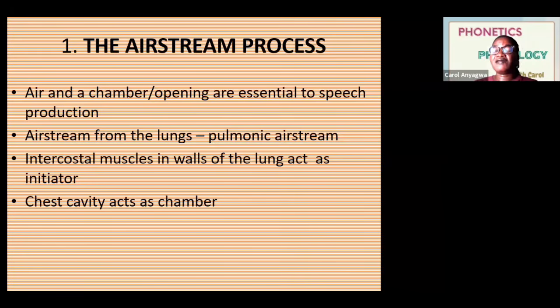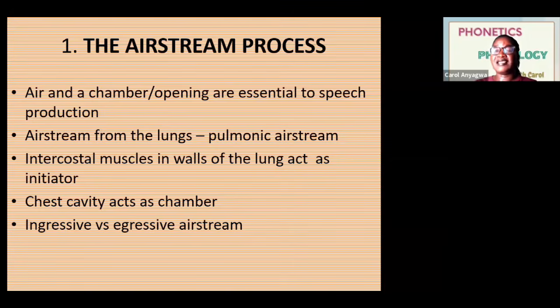So with the chest cavity acting as the chamber, the intercostal muscles act as the initiator. And so air is drawn in, released, inhaled, exhaled, depending on the particular term you want to use, giving us the distinction between the ingressive and egressive airstream.